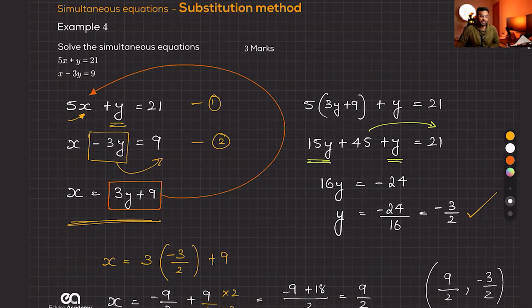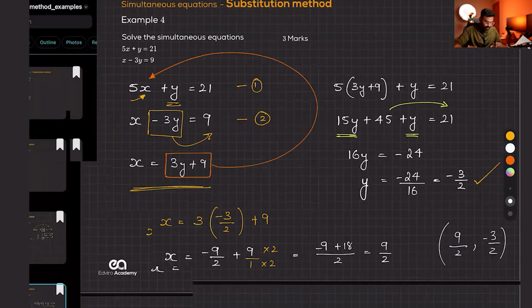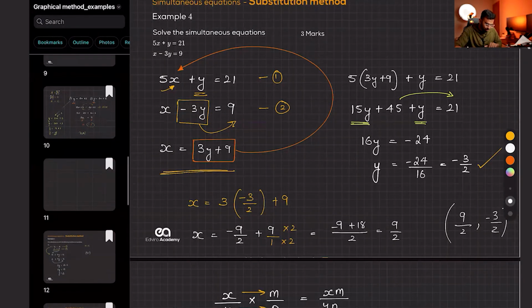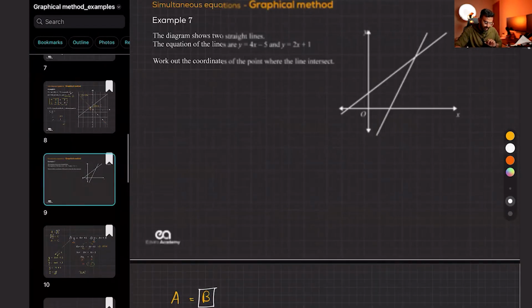Now, do you know what? Sometimes some year 11 students don't get this. They struggle. All right, so I want you guys to now practice 9 by 2, minus 3 by 2. Let's come back to that question which we ignored, which was this one.